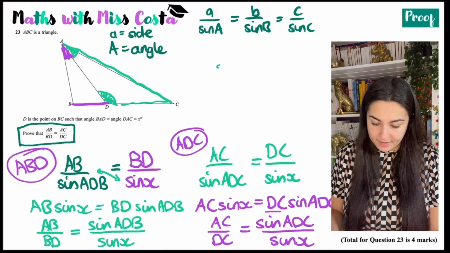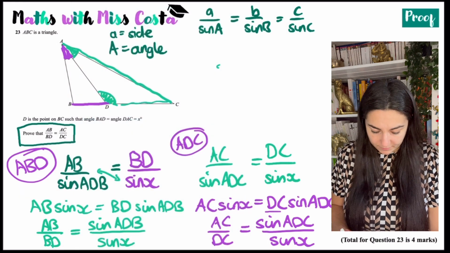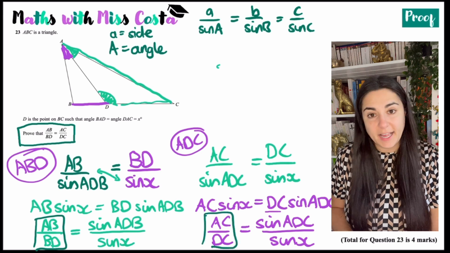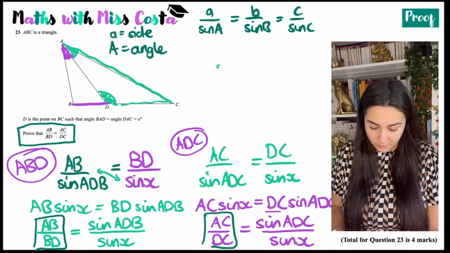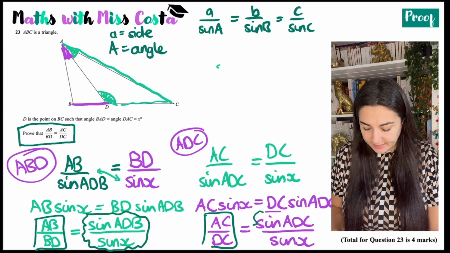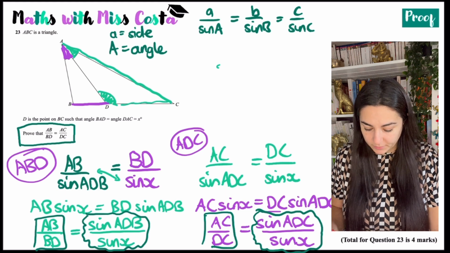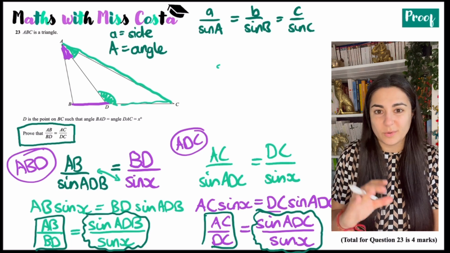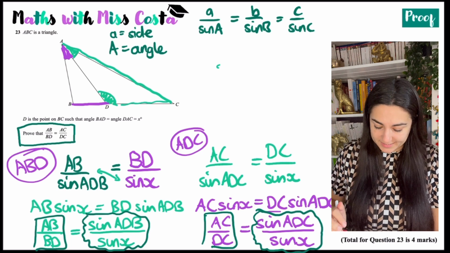Now what we have here is, if you can see, we've got what we started out with, so AB over BD and AC over DC, and they're equal to sine ADB over sine X and sine ADC over sine X. So if you're following along and you're writing this down, screenshot this or write it down on pause, because I'm going to delete it.